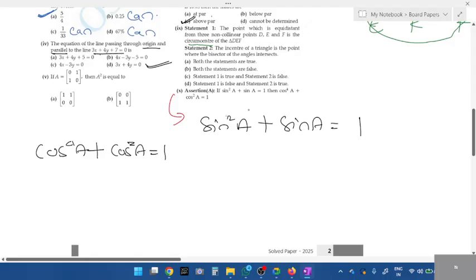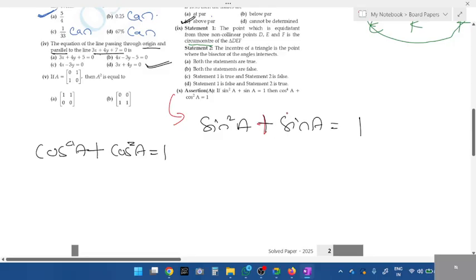Okay, let us check whether both are 1. What is sine square A? How do you convert sine square A? Cos square A is equal to 1.